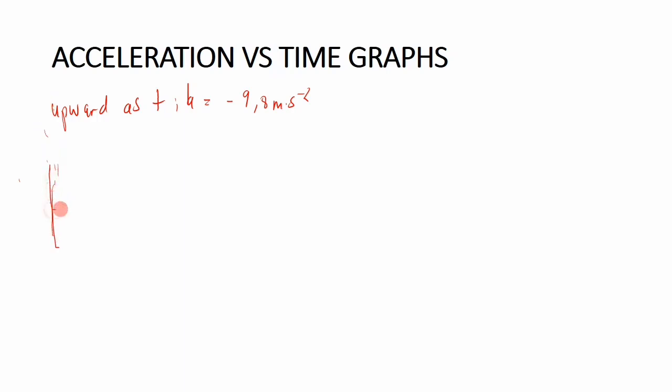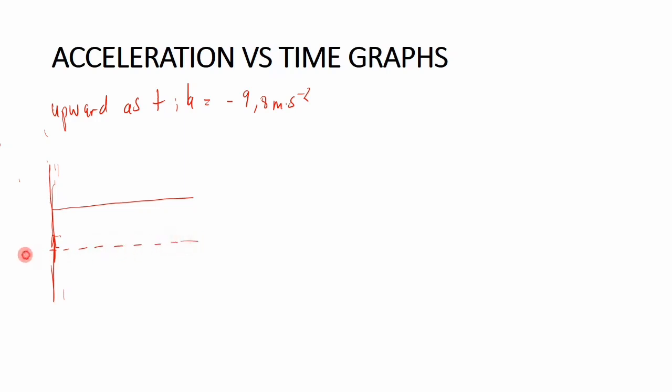Since we know that we are taking our upward as positive and our acceleration is negative, therefore our acceleration will be down below here, right?